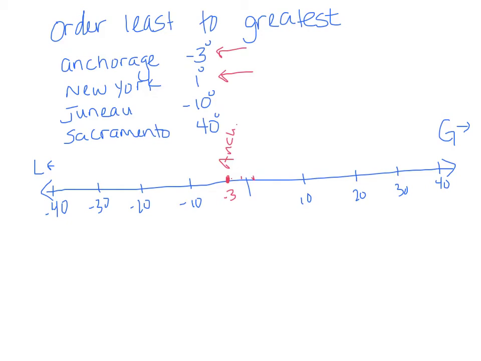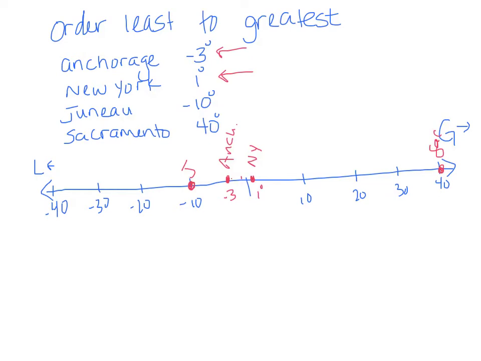So that's going to be right about there. And I'll put NY, 1 degree. Then Juneau at negative 10 degrees, Juneau, Alaska, negative 10. And Sacramento at positive 40, that's Sacramento in California, positive 40 degrees, way over here, Sac.